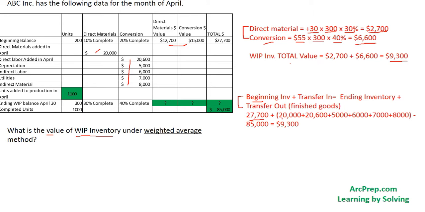So this is the beginning, this is all the transfers in, this being the direct material, this is direct labor, and then we have all the manufacturing overhead, minus the transfers out is going to give us the ending inventory. If I take the transfers out and put it on this side of the equation, it's going to be minus. So we are getting the same result under this method as well. Both match, and hence we calculated working process inventory correctly.